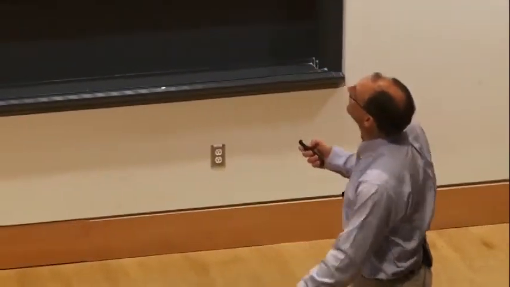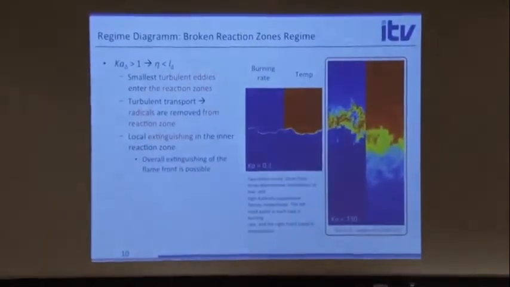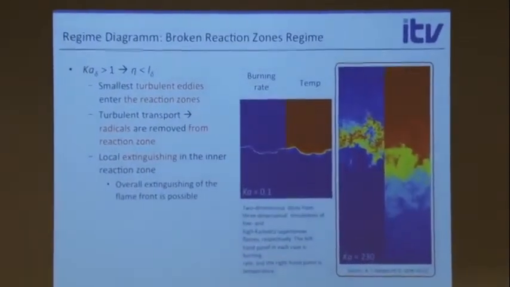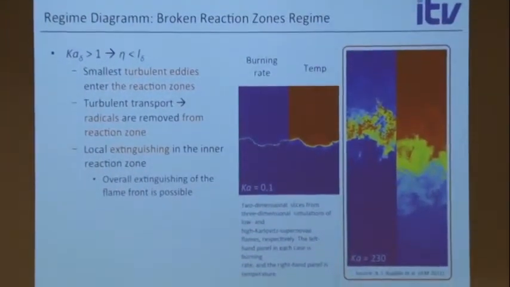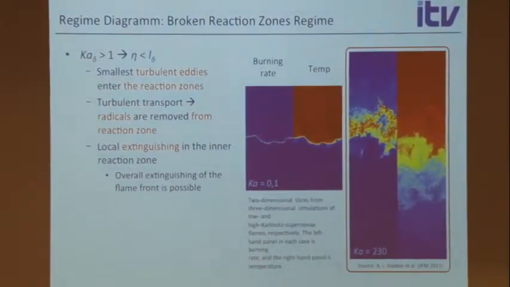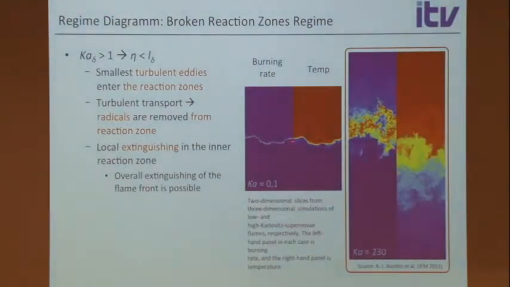So this is an example. This is from a DNS here of Aspden and Bell at Lawrence Berkeley Lab. So this is low Karlovitz number, and this is very, very high Karlovitz number. And you see here on the left, you have the burning rate, and you see Karlovitz number is smaller than 1.